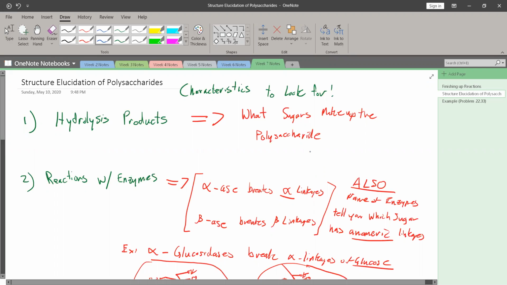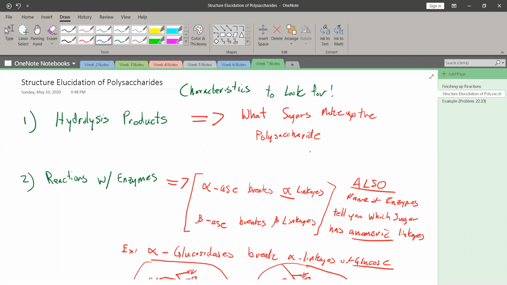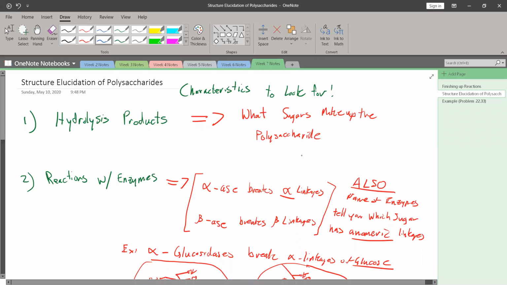What hydrolysis products tell us is literally just what sugars make it up. So if a hydrolysis product comes out with galactose and glucose, then the only sugars present in your disaccharide or polysaccharide are galactose and glucose.